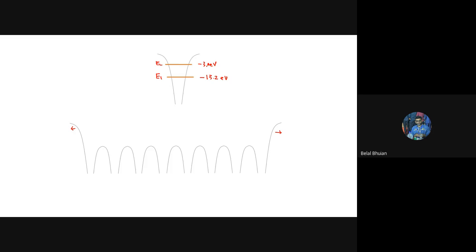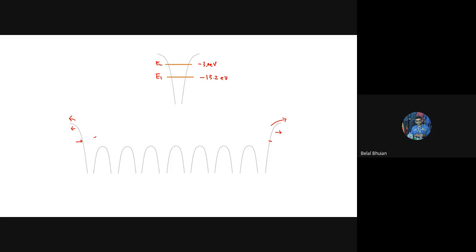This high barrier means electrons are free to move between this wall and this wall, but the electrons need a good amount of energy to overcome this barrier. Maybe it's not infinite, but the amount of energy required to go to the other side, which is free space, is quite high.